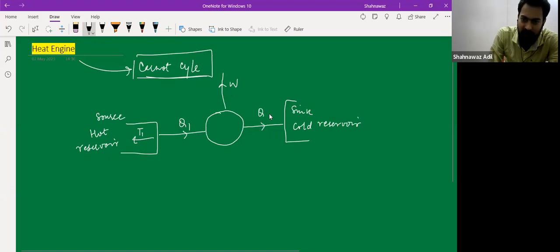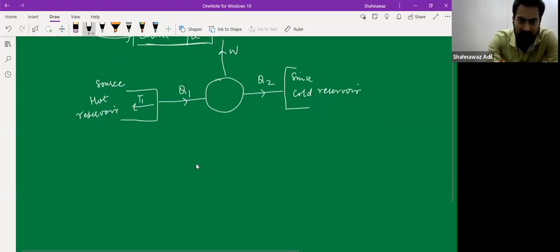So this is Q2 amount of heat that goes into the sink. The idea of a heat engine is that some heat is given and some mechanical work is done. So this is a heat engine.